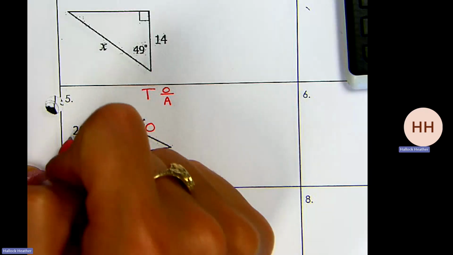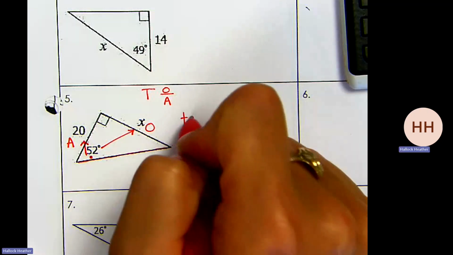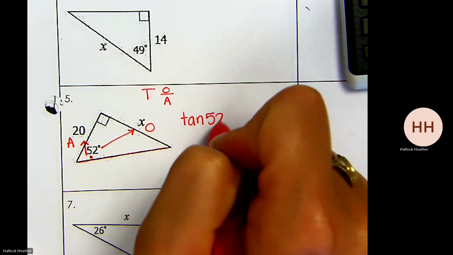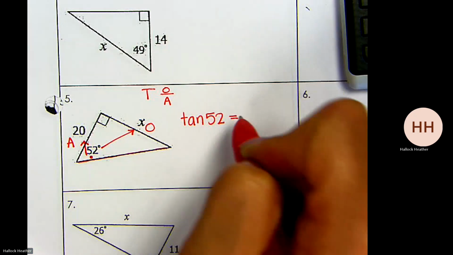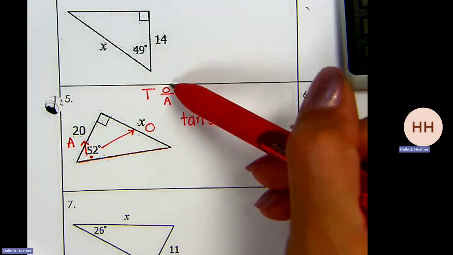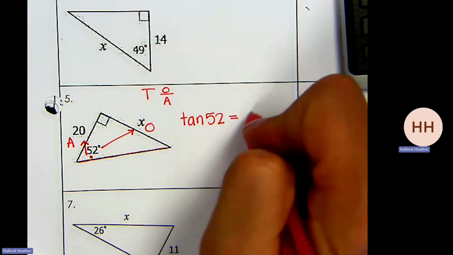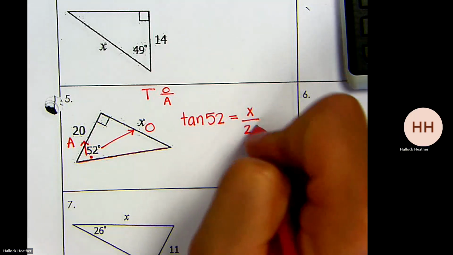That is going to be adjacent, because adjacent literally means next to. So I'm going to say tangent of 52, or tan of 52. And then what should be in the numerator of my fraction? X over 20, because opposite has to go in the numerator. So X is going in the numerator.